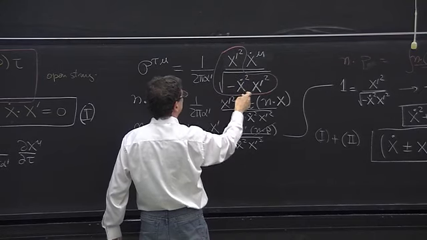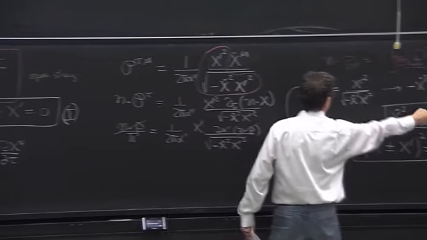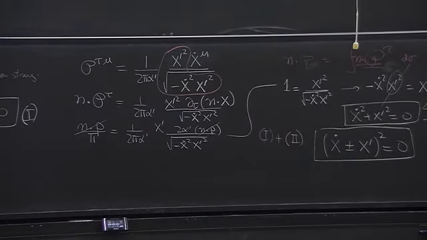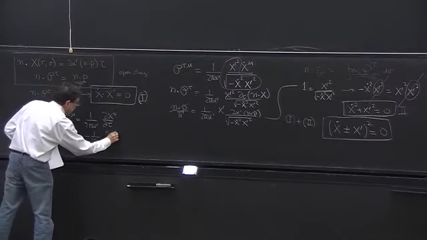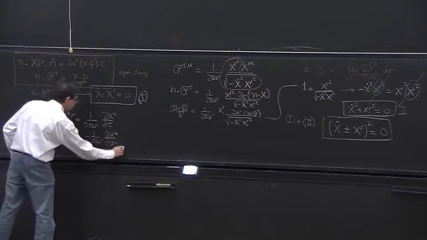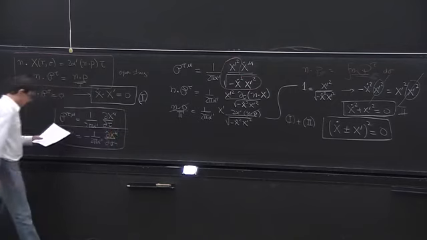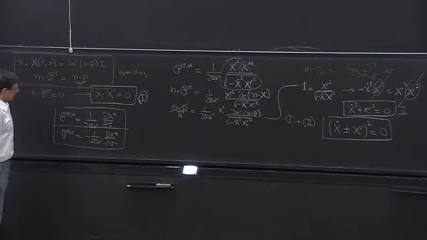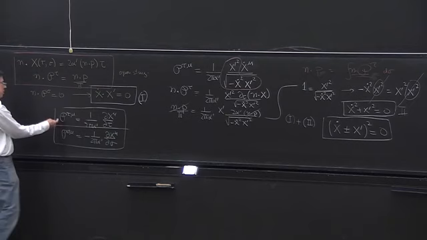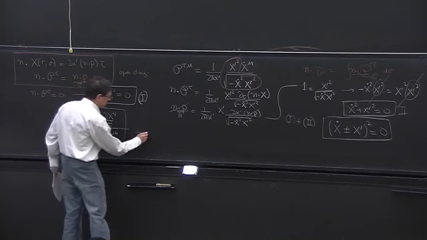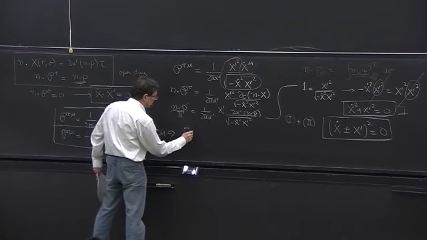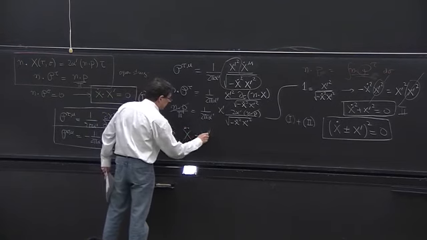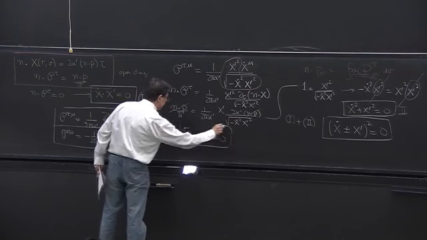And this minus sign, because x dot squared is really minus x prime squared, ends up giving you the following, as you can imagine, dX mu d sigma. And with this, the equation of motion, which is d d tau of this plus d d sigma of this equal to 0, becomes just x double dot minus x double prime equals 0 for any x.